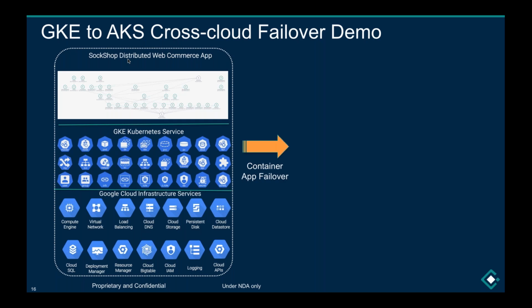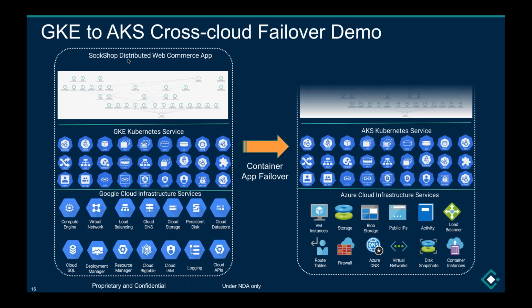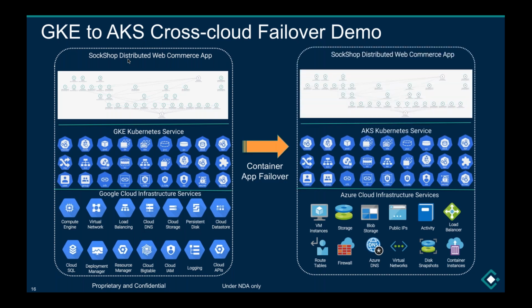And then we will fail over this container application to the Azure environment, where the AKS service, Azure Kubernetes Service, is already running. Or you could even run your own self-managed Kubernetes on top of Azure, that is not a problem as well. So, we can even help you in terms of running that as well.